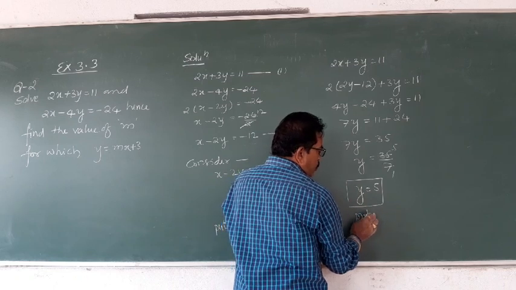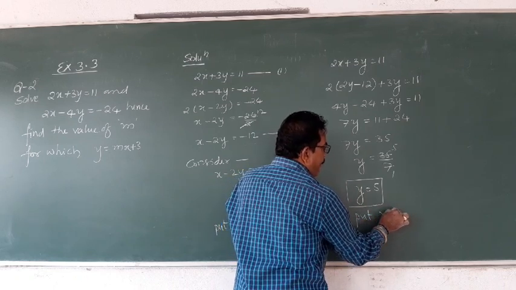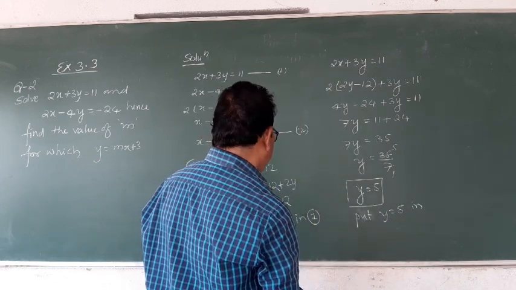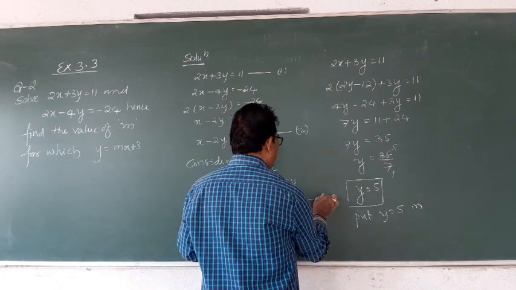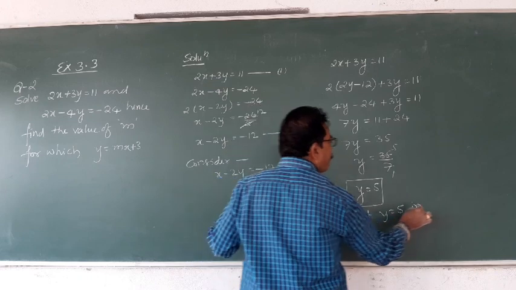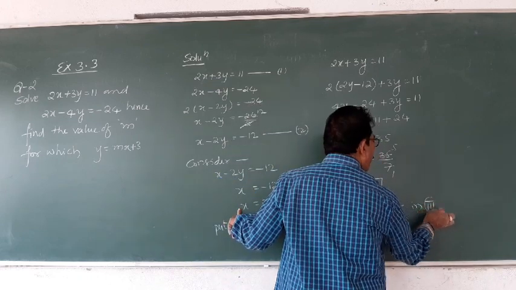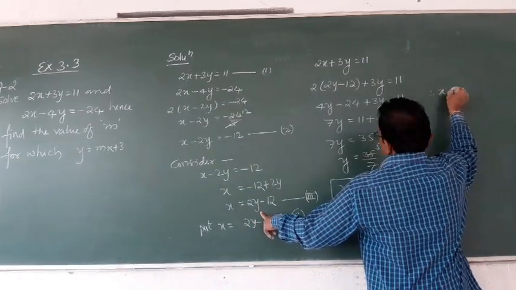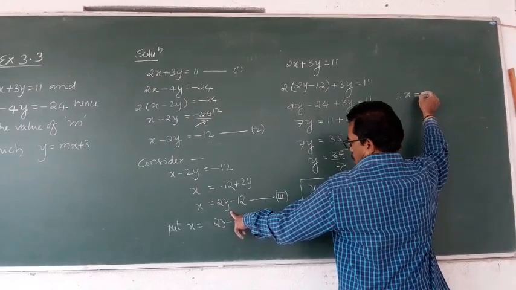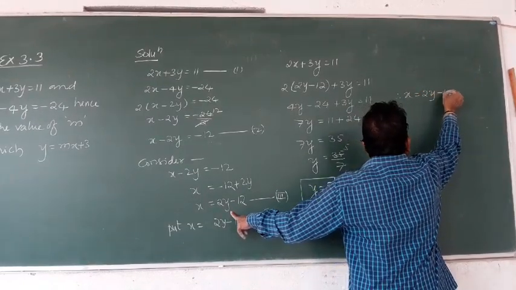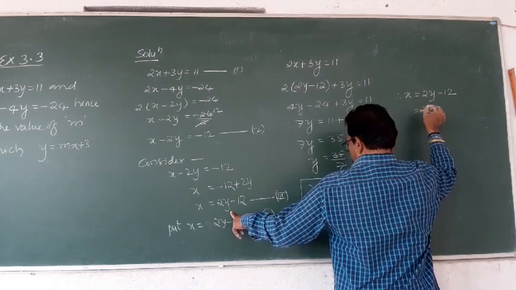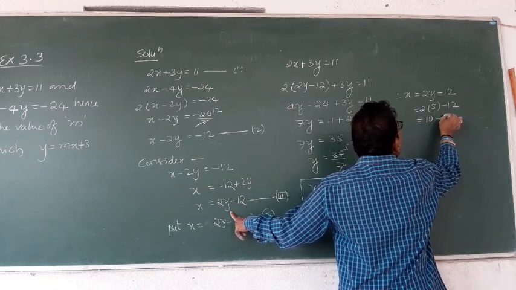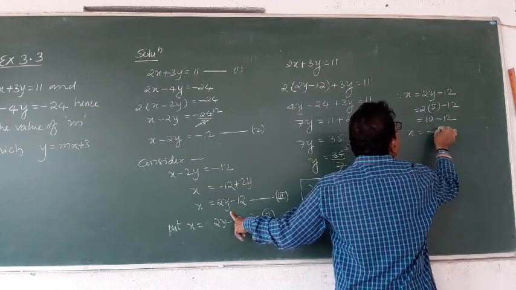Put y equals to 5 in the third. Therefore x equals to 2y minus 12. 2 into 5 minus 12. 2 5s are 10 minus 12. x equals to minus 2.